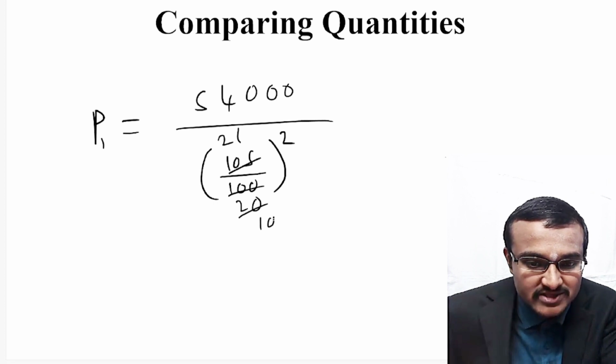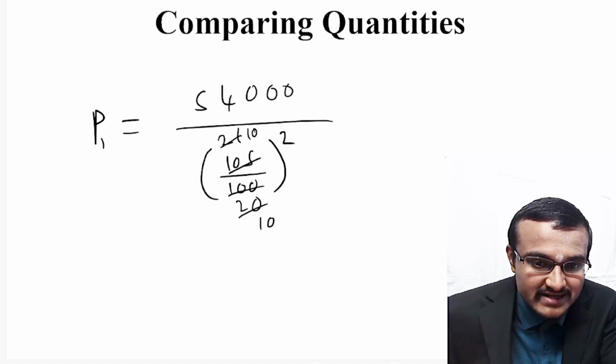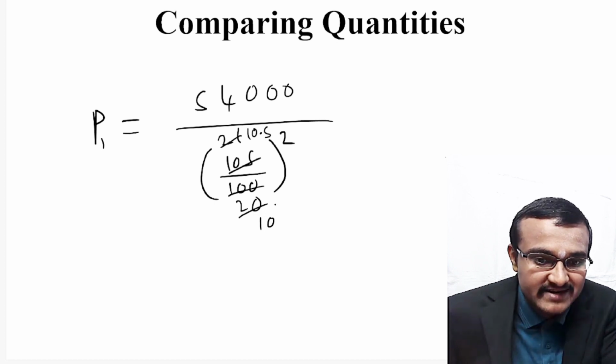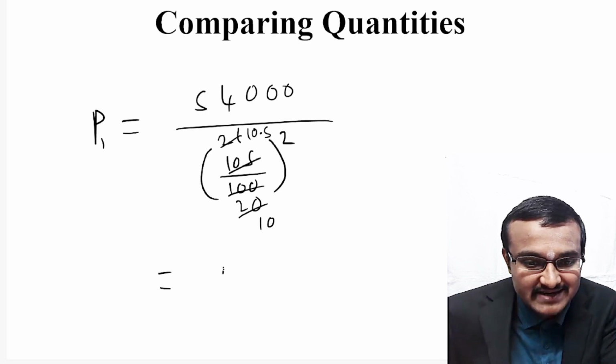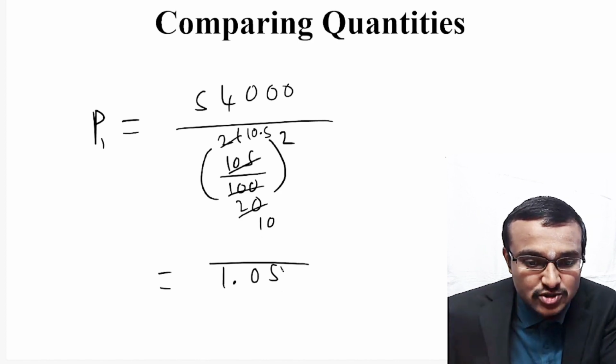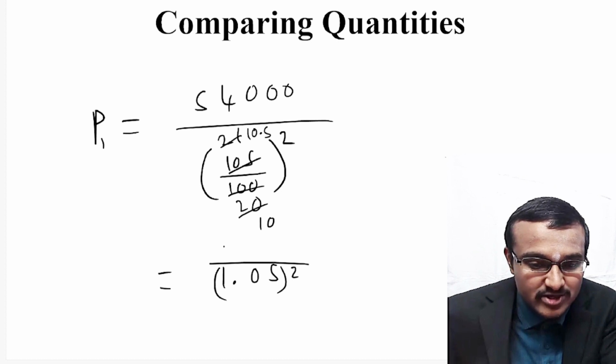Again this can go with 2: 2 tens are 20, and a point 1 is there. So when you take the point, it becomes 10.5 divided by 10. This 10.5 divided by 10 you can write as 1.05 to the power of 2, so 1.05 square.